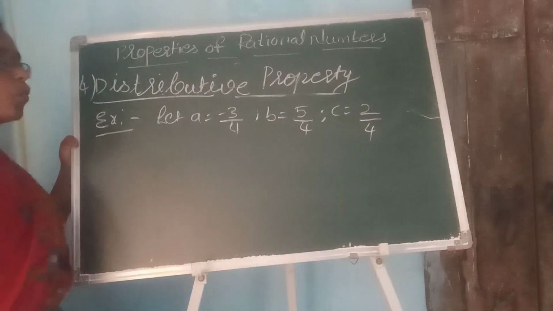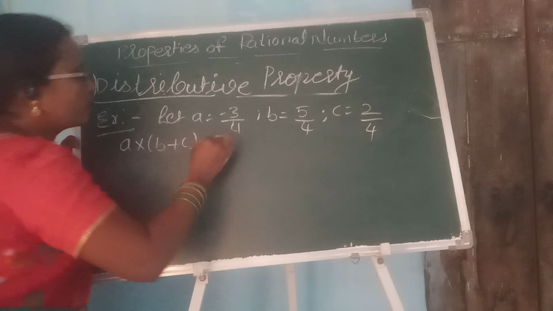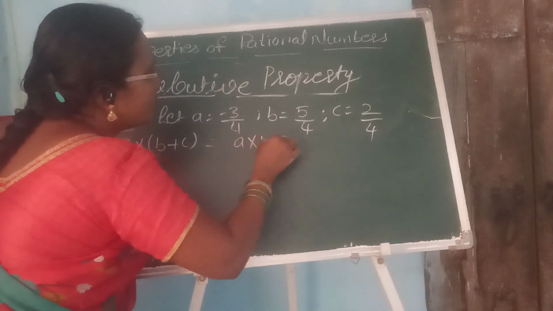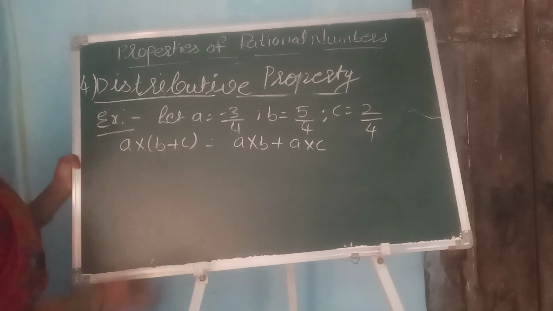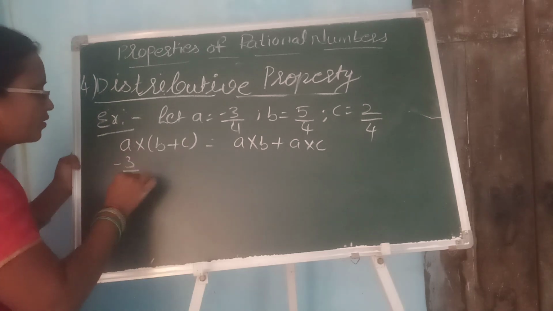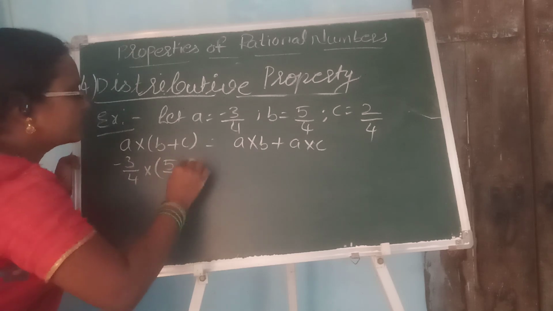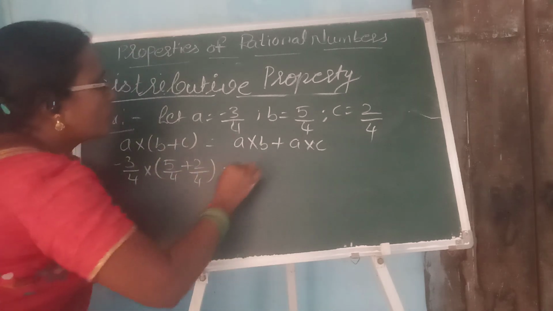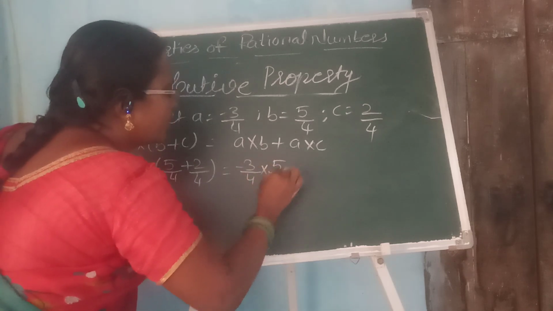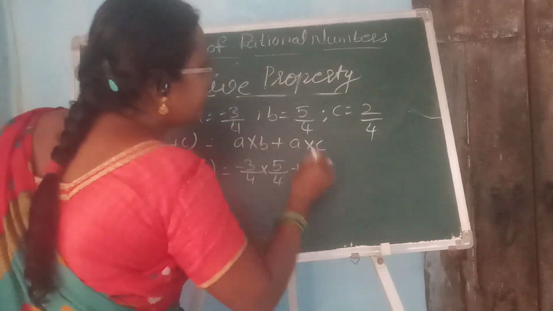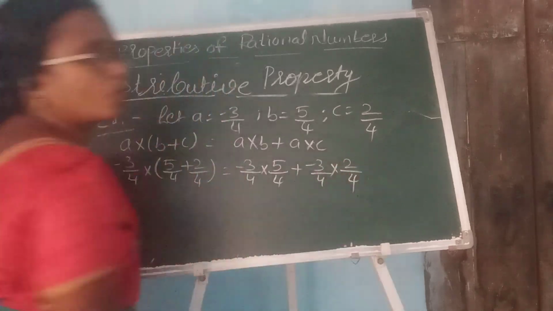Now see the rule that A into (B plus C) is equal to A into B plus A into C. Replace the values for A, B, C. Minus 3 by 4 into (5 by 4 plus 2 by 4) is equal to minus 3 by 4 into 5 by 4 plus minus 3 by 4 into 2 by 4.